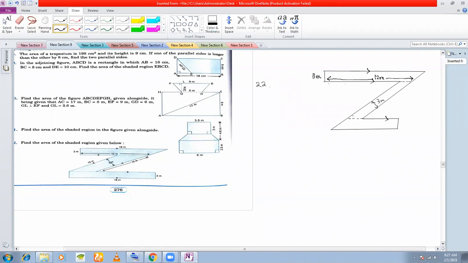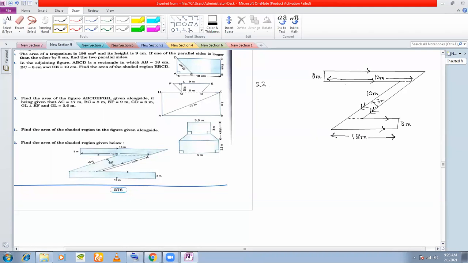Also, this is also parallel. So 4 lines are parallel. These two are also parallel. In fact, we should give double arrow because these two are a different pair of parallel lines. This length is given to you as 10 meters. This length is also given to you as 3 meters. This length is given to you as 18 meters.